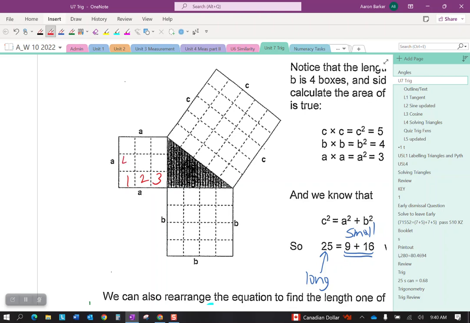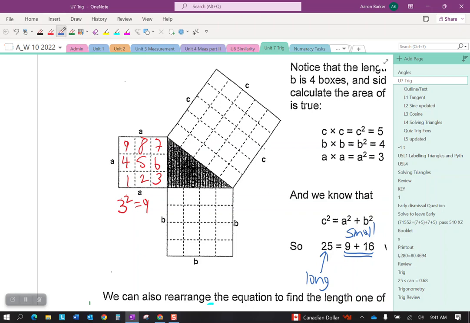How many little squares are there in a 3 by 3 square? Well, let's count them. 1, 2, 3, 4, 5, 6, 7, 8, 9. And that's because 3 squared equals 9. Okay, so there's 9 units squared inside there.